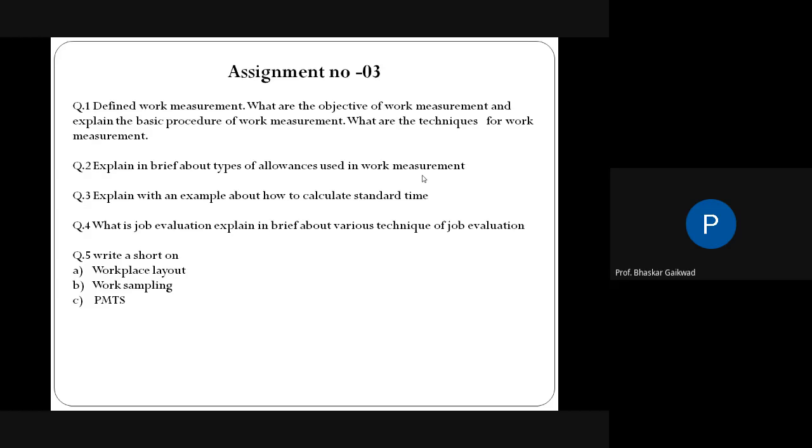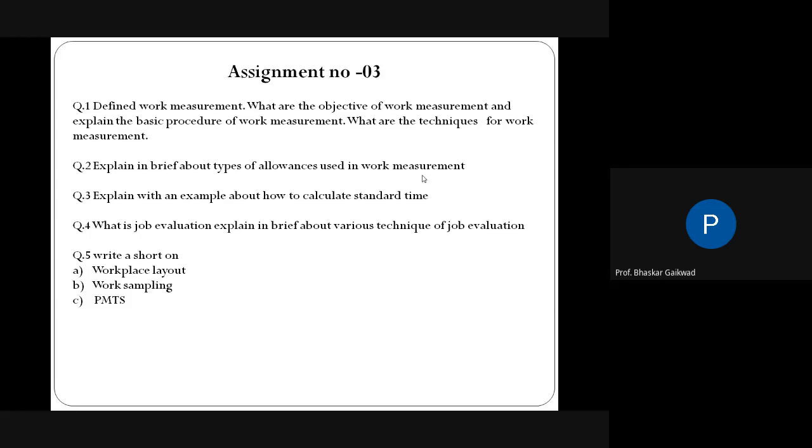But in work study we have to take such time into account for the calculation of time measurement. So five types of allowances are there, and from the examination point of view there are 7 marks for this.